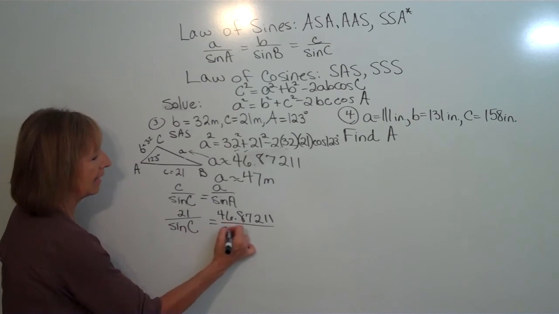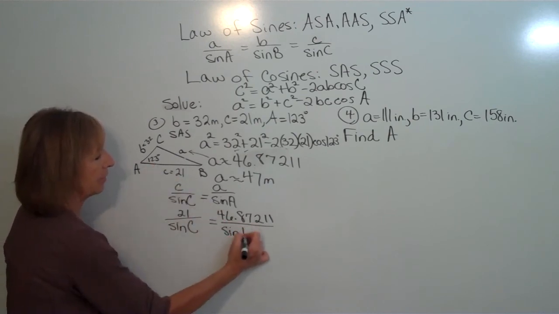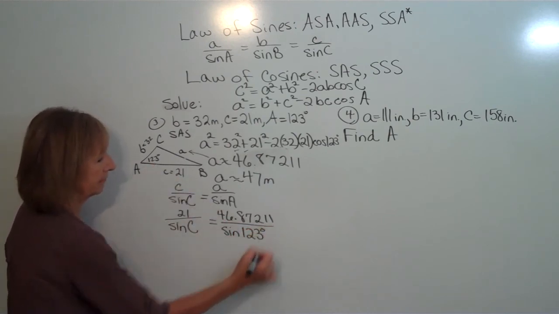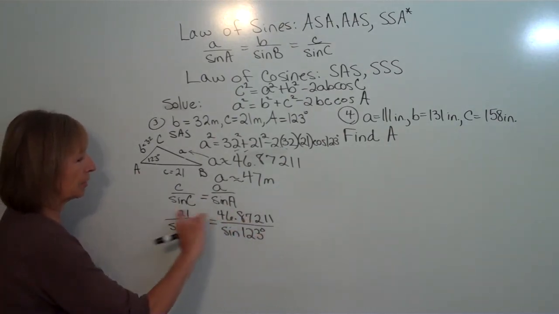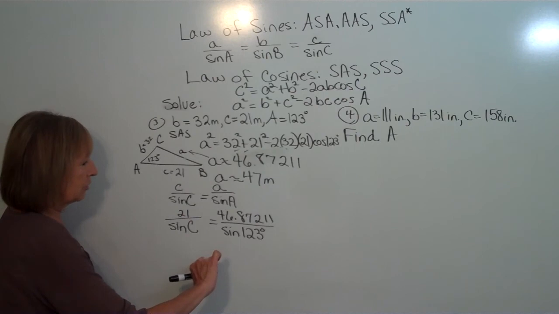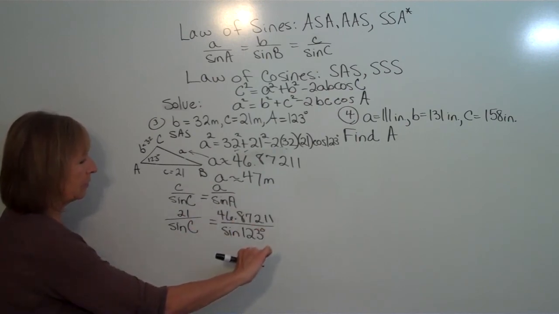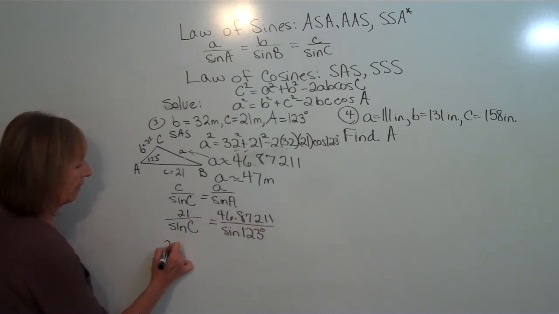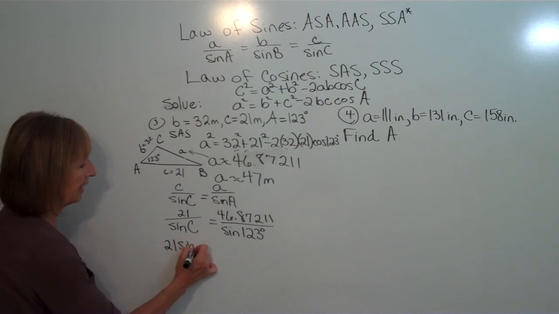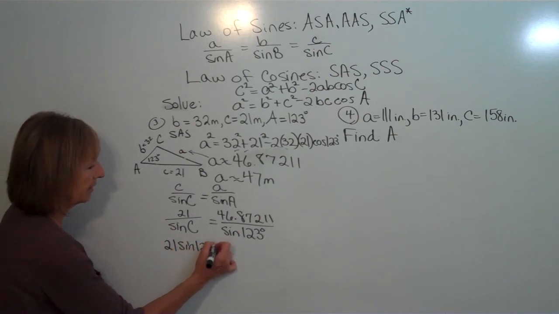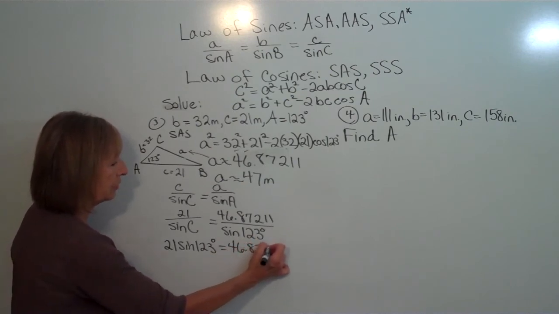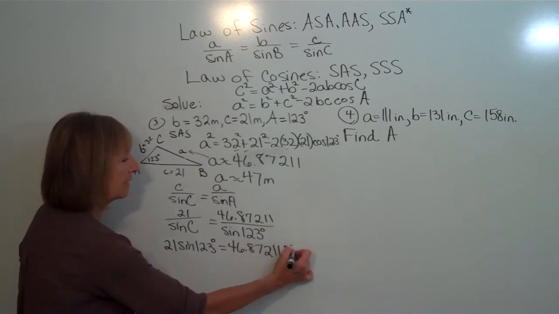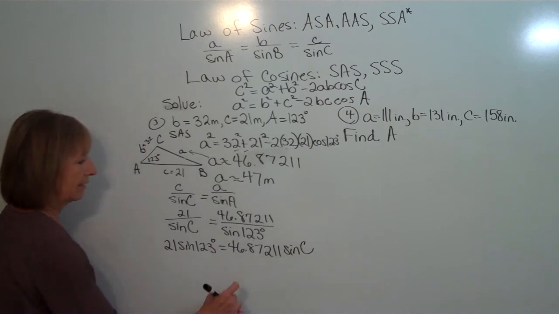A is to the sine of angle A, which is 123 degrees. Now when I look at a proportion, I multiply the extremes, which is equal to the product of the means. So I have 21 times the sine of 123 degrees is equal to 46.87211 times the sine of angle C.